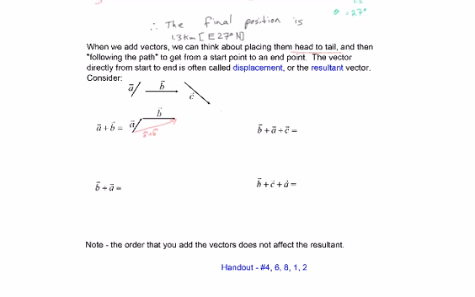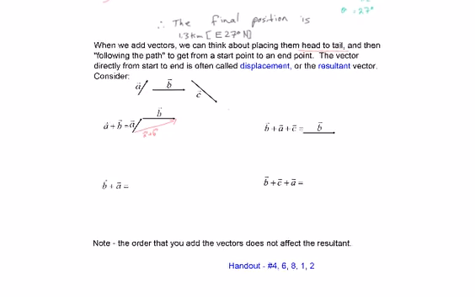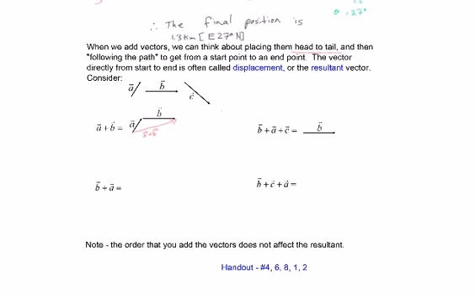Now, let's continue. We have B plus A plus C. In order to do all those three, we actually have to copy B, place it. We're going to copy C exactly as you see it, but put it on the end of B. So we're taking A and putting it on the end of B. Here we go.